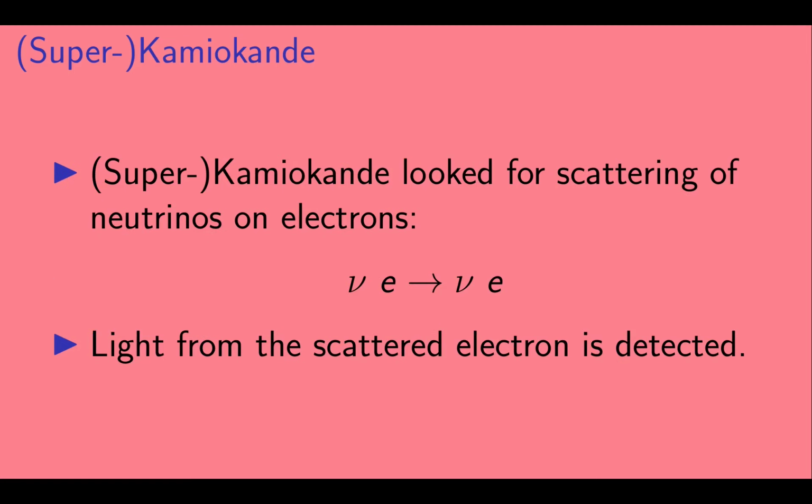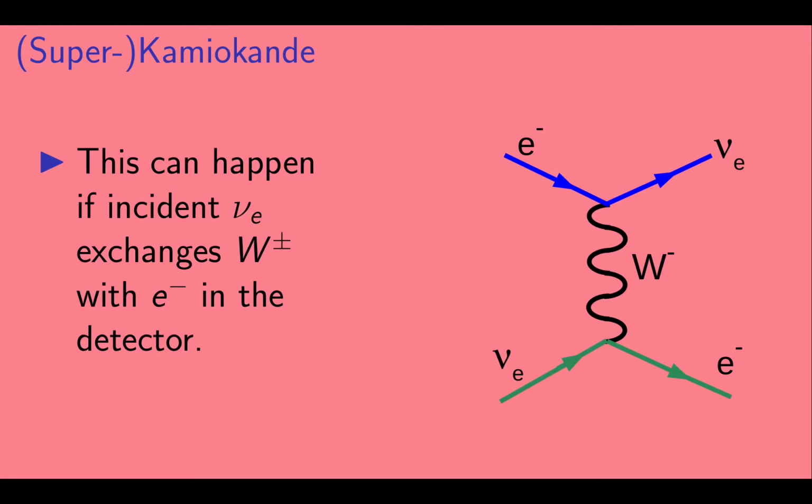Okay, so Kamiokande and Super-Kamiokande looked for scattering of neutrinos on electrons. A solar neutrino can hit an electron in the water, giving the electron a kick. Light from the scattered electron is detected. This can happen if the incident neutrino exchanges a W boson with the electron in the detector. So we can read this diagram from left to right.